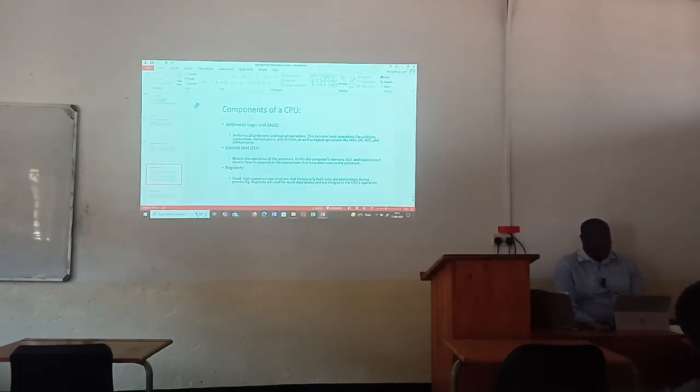So it has what is called the control unit and the arithmetic logical unit. Those are the two main parts of the CPU. So all arithmetic operations and logical operations are done on the arithmetic logical unit part of that brain.